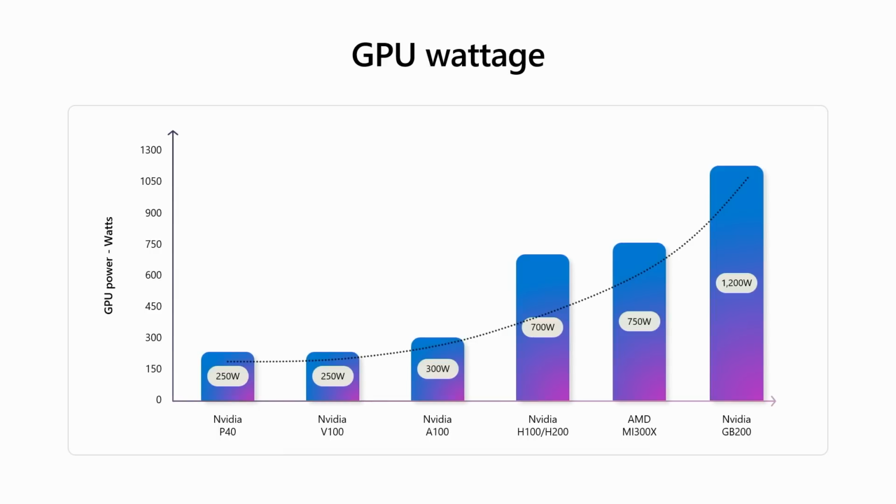And there's 8 of them in a single server. And that's just the GPUs, not the RAM and the CPUs that go with that. So now you're talking about close to 10 kilowatts of power for just one server, which is just an amazing amount of power for a server in a data center.